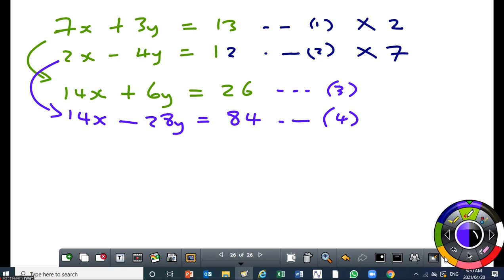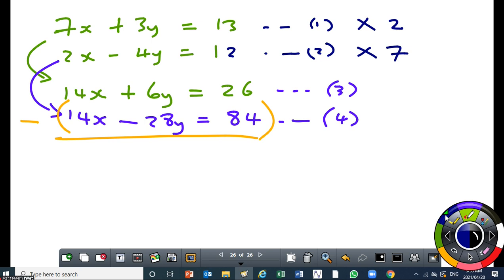All I have to do is subtract equation 4 from equation 3. So I can put my minus here, open my bracket there, and do it like that.